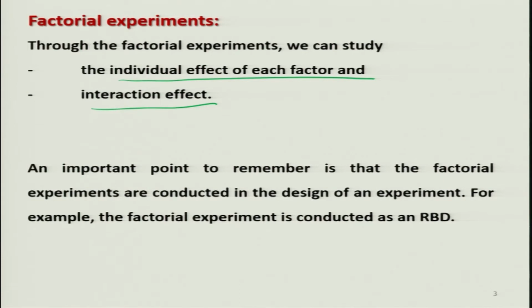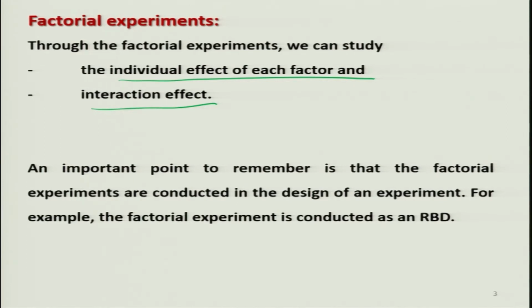But if you go for higher order factorial experiments like the 2 cube factorial experiment, then you are going to have the main effects A, B, and C, the interaction effects containing 2 letters, that is AB, BC, and AC, and the interaction effect containing all the factors, that is ABC. You will see how we are going to compute them using the observations from different treatment combinations.